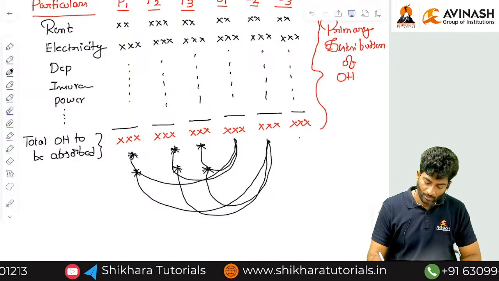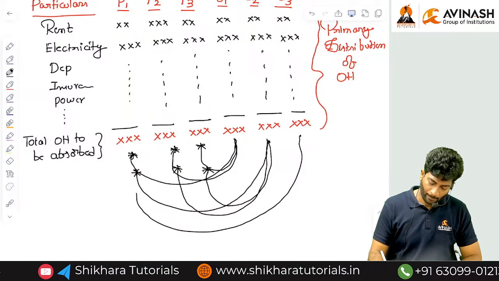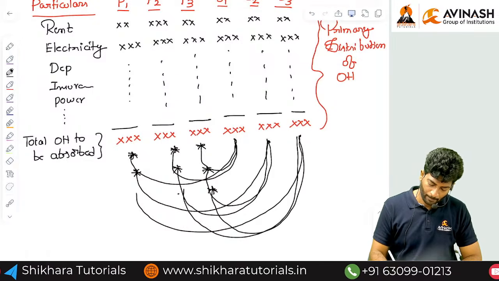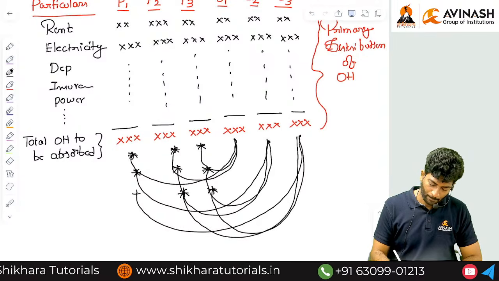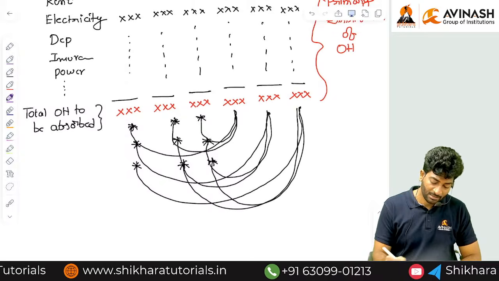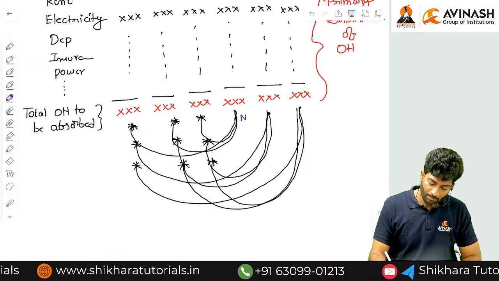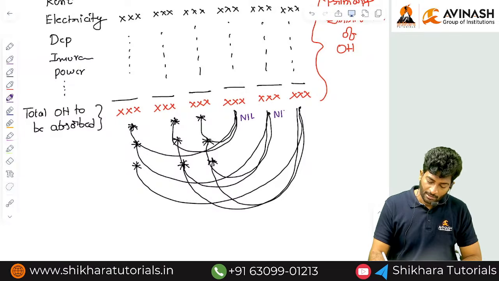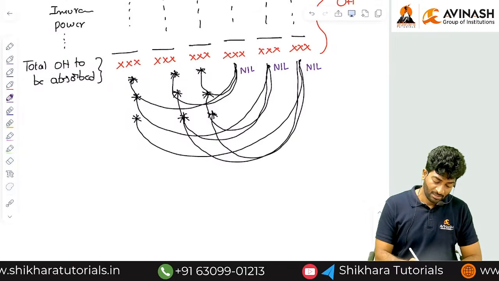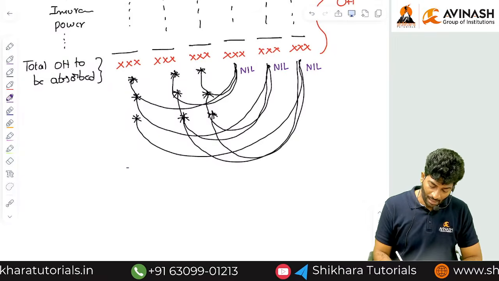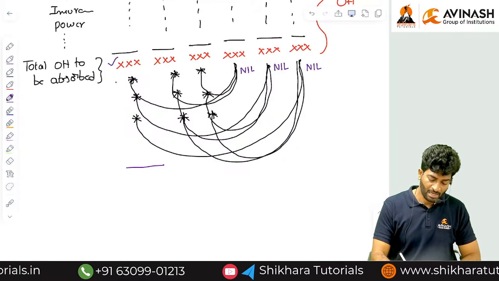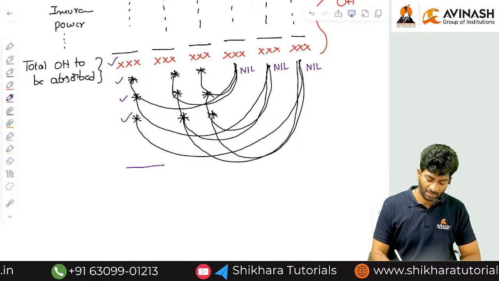Now, after redistributing the expenses, these three departments will become 0, nil, nil, nil. Now, these are the total overheads to be absorbed along with their own expenses: share from S1, share from S2, share from S3 put together.